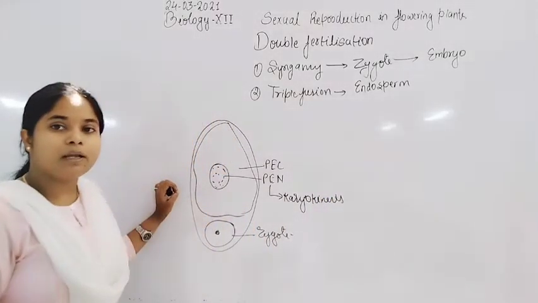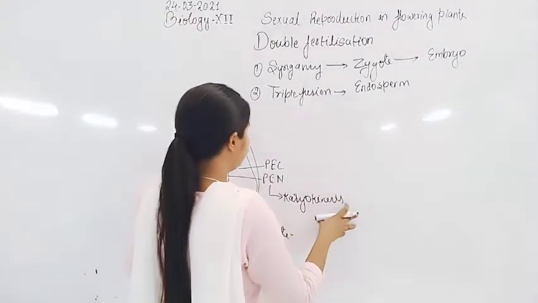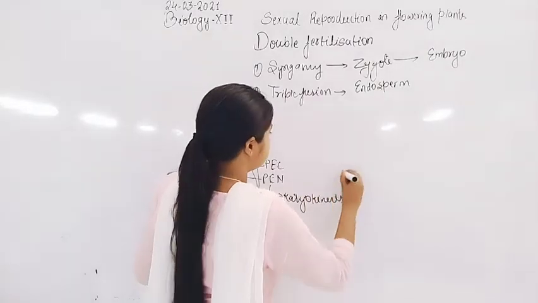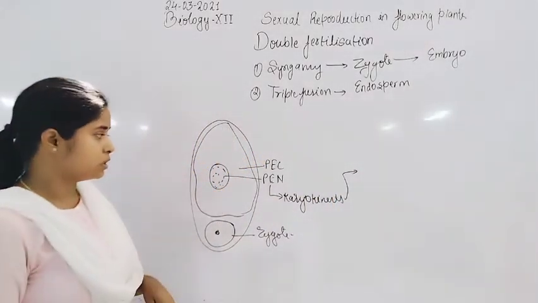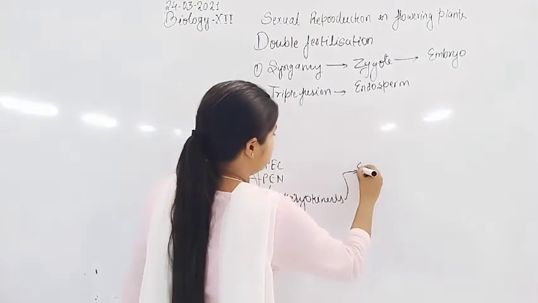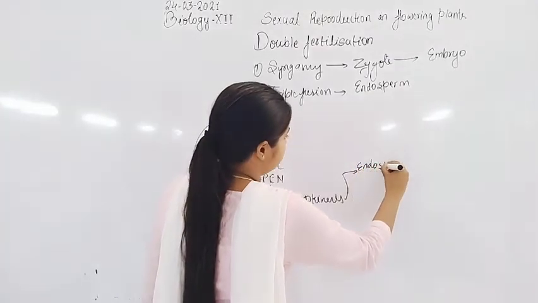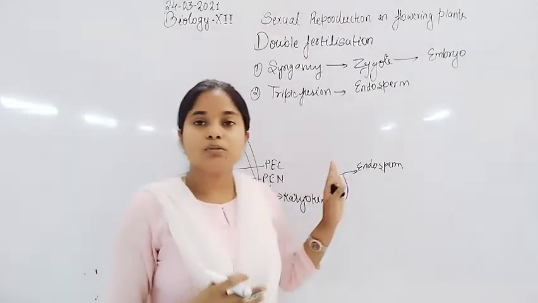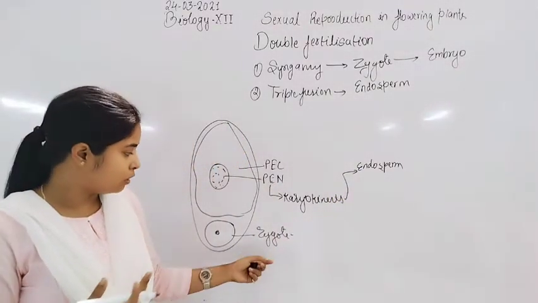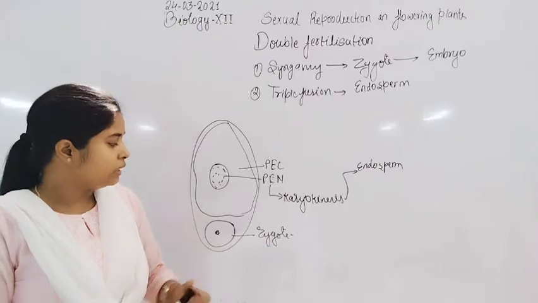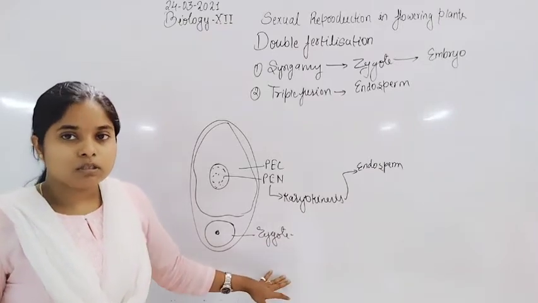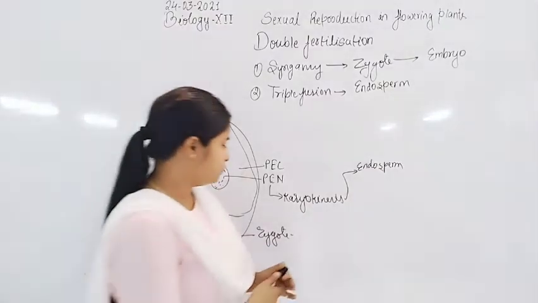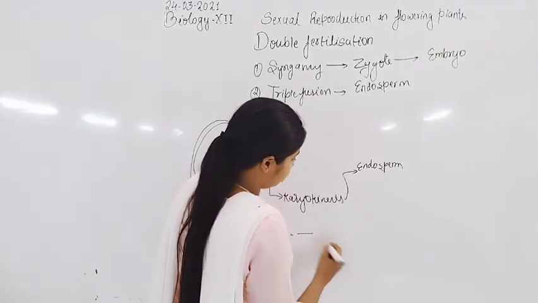After the multiple karyokinesis, the result is endosperm. Here are the endosperm and the zygote. The zygote undergoes multiple divisions by mitosis.